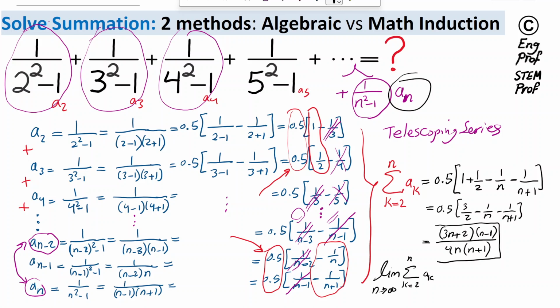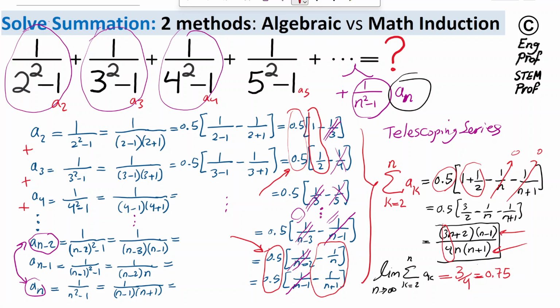Because both numerator and denominator are polynomials of the second order, 3 over 4 remains. Another way to look at it is that when n goes to infinity, these two components approach 0. What remains is 3 over 2 multiplied by 0.5, which is again 3 over 4.